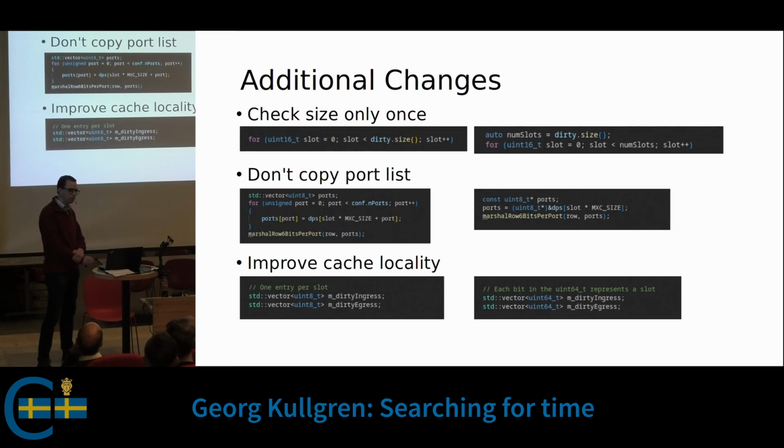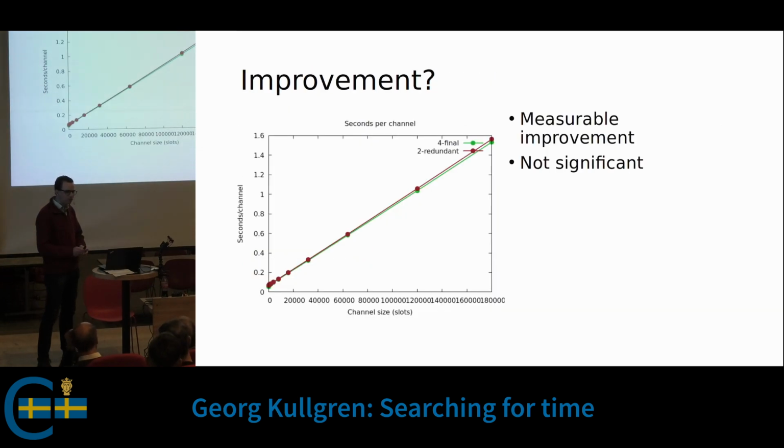We tried to improve cache locality, where we had a vector of 8-bit characters representing a Boolean, and changed that to a 64-bit integer, where each bit represented a Boolean. We didn't want to use a vector of bool because they are kind of weird. Did this help anything? Not really. We had a small measurable improvement, not really significant, and it wasn't worth the effort.